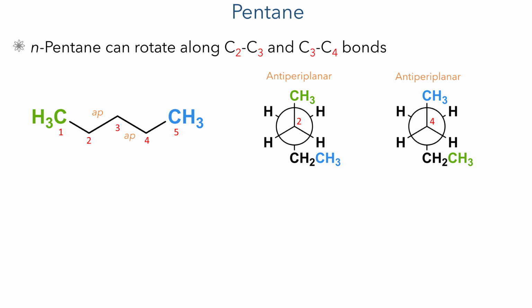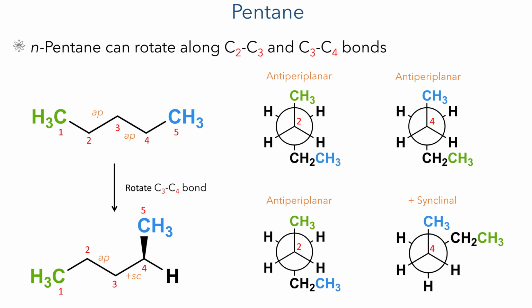So now, let's look at pentane, which is the last simple alkane we will look at. In pentane, we must consider the conformation around the C2-C3 bond and also the conformation around the C3-C4 bond. In its lowest energy state, both are in the antiperiplanar conformation.